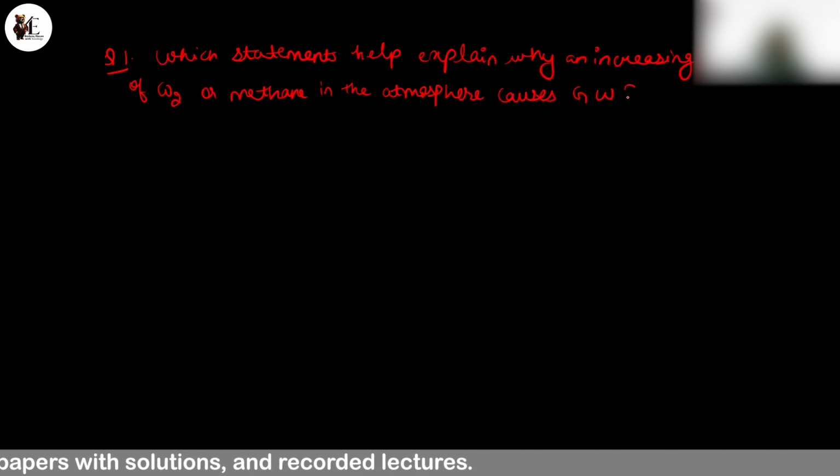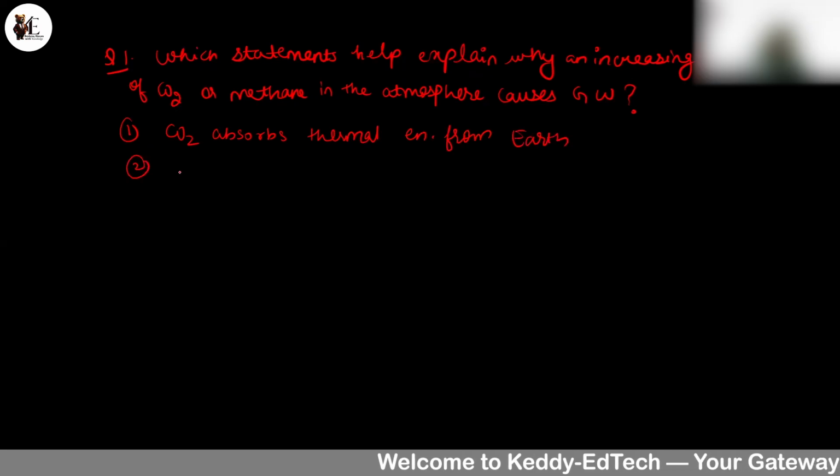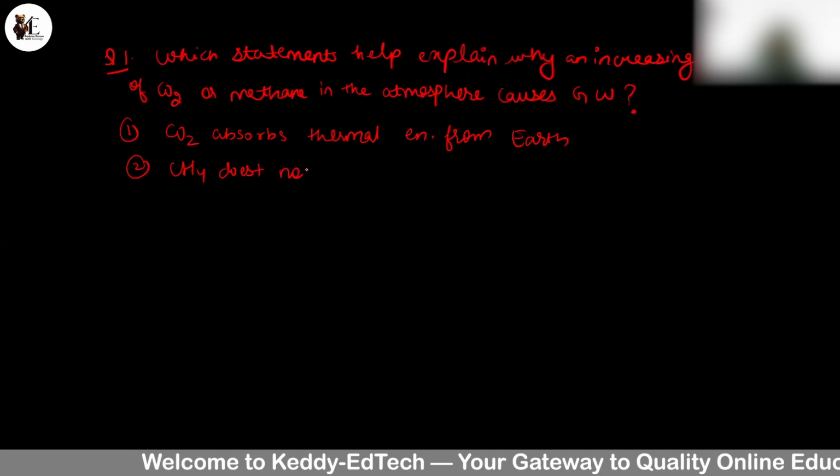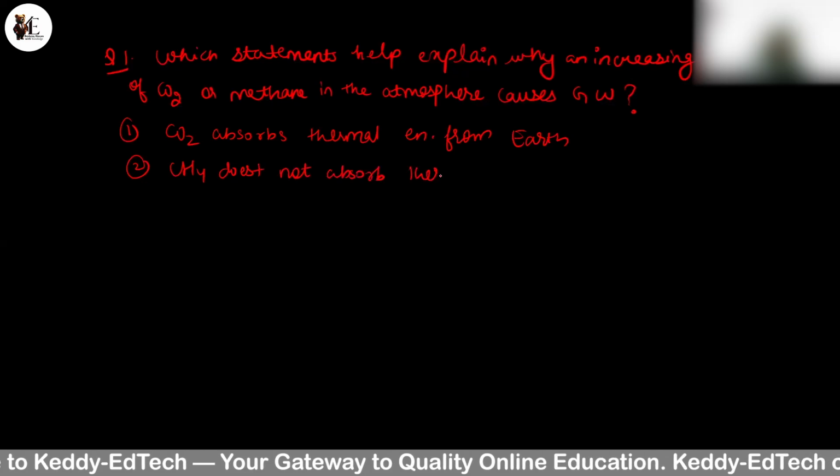I'm writing GW, which means global warming. The first statement is that carbon dioxide absorbs thermal energy from the earth. The second statement is that methane does not absorb thermal energy from the sun.